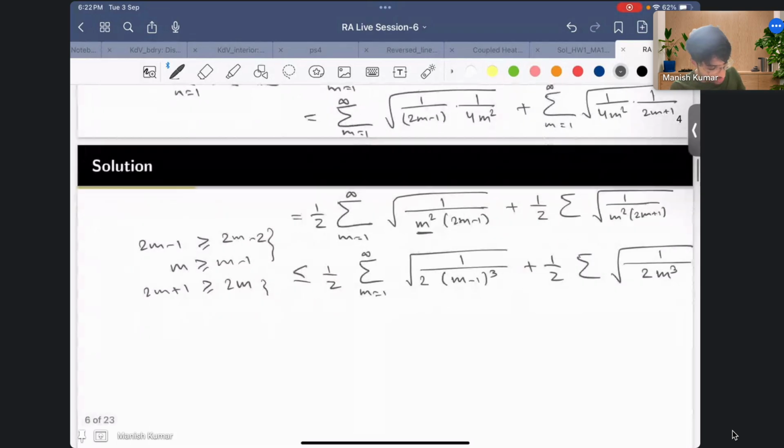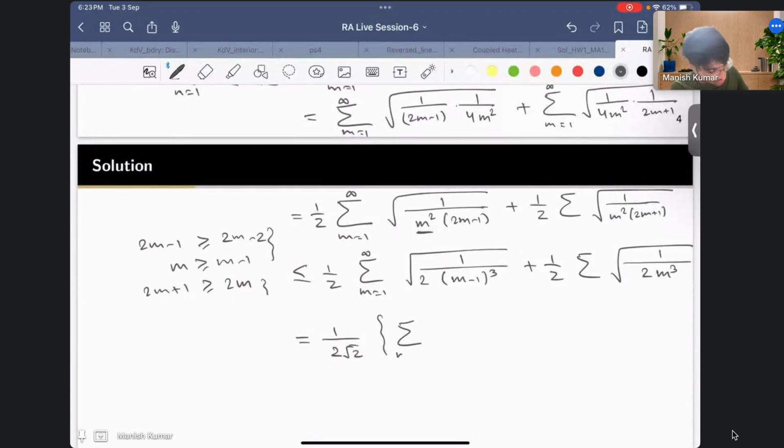Fine. So now what I have is 1 by 2 root 2, and then you have summation m from 1 to infinity, we have here 1 upon m minus 1. There is a bit of problem here, because if I start with m equal to 1, then this becomes 0.